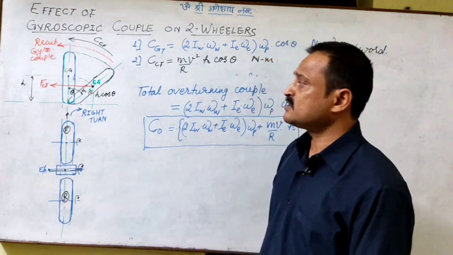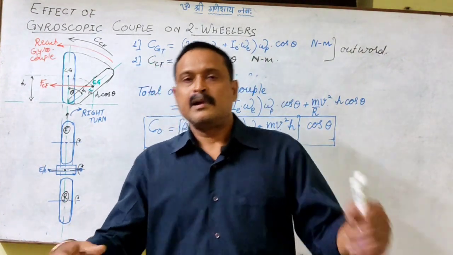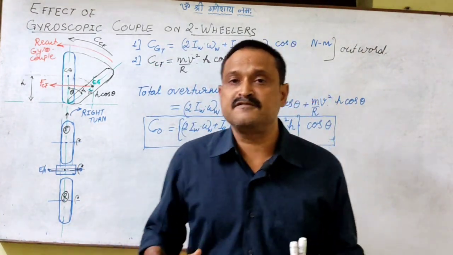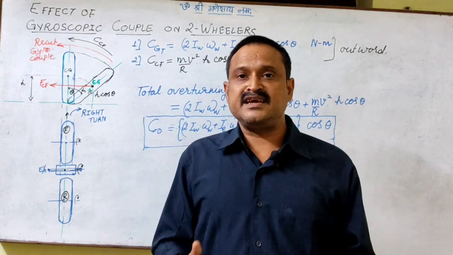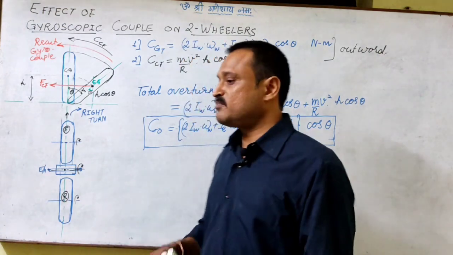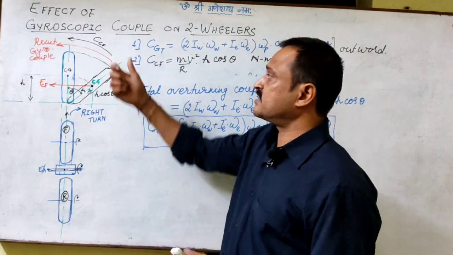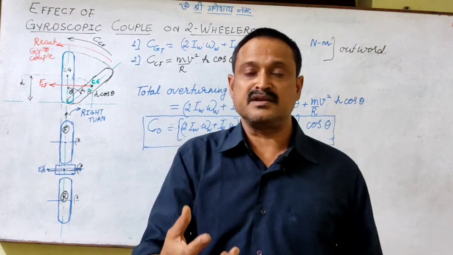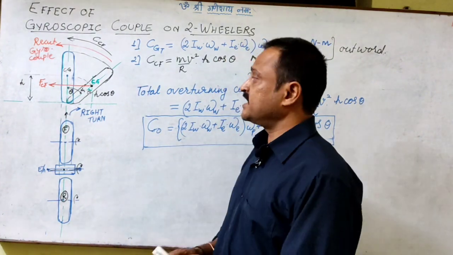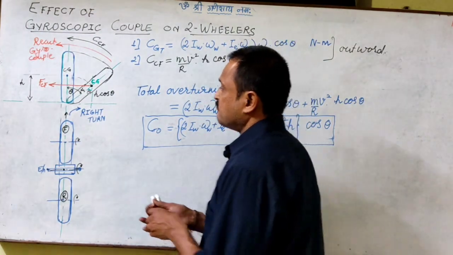Now that compensation is provided by the rider, with the help of the weight of the vehicle and the rider's own weight, a counter moment to the overturning couple is provided with the help of the weight.